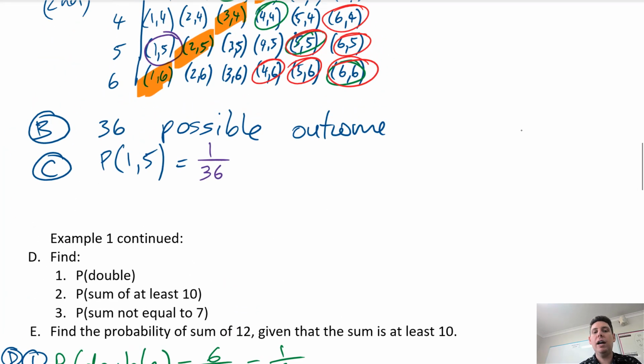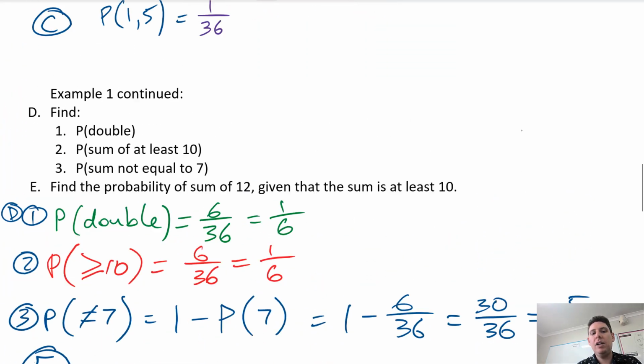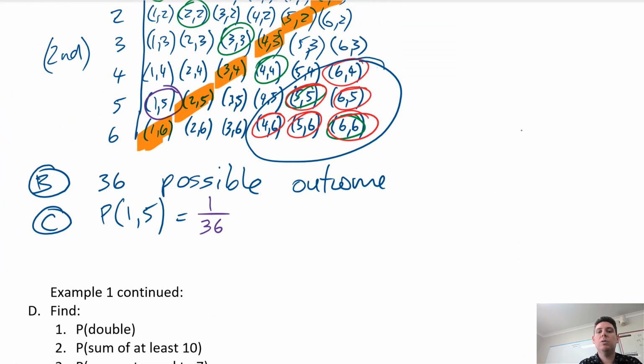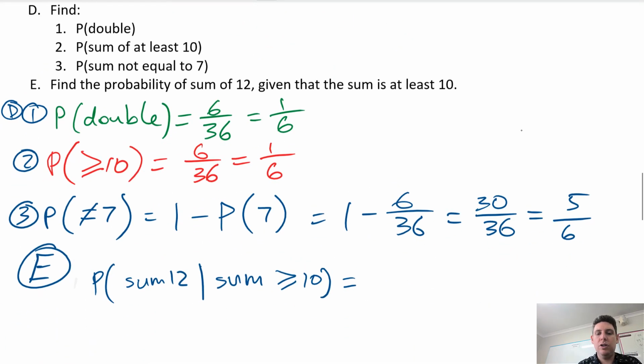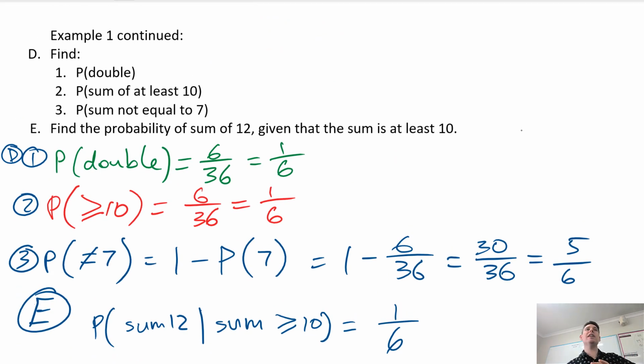So if we just look at these, how many are there that are at least 10? 6. So how many out of those are 12? So there's one chance out of 6 that we get 12. So that was an example of with replacement. So the dice resets every time you roll the dice.